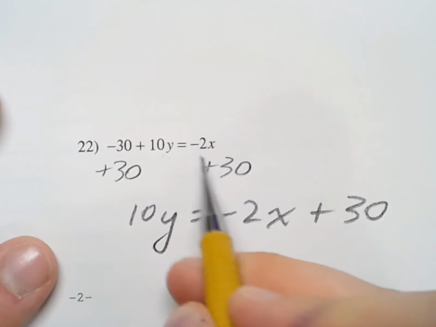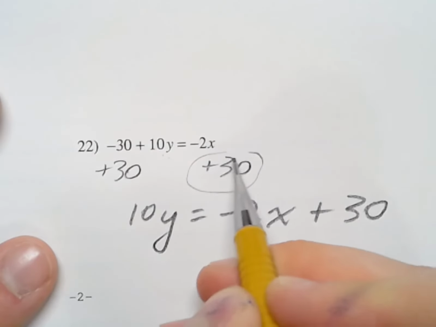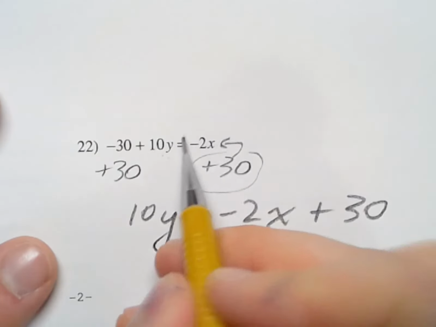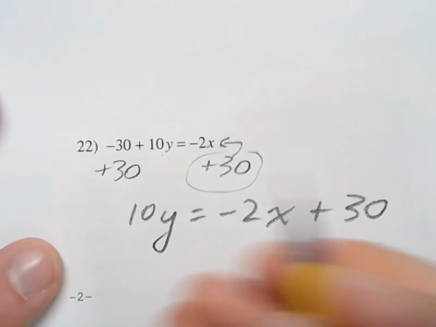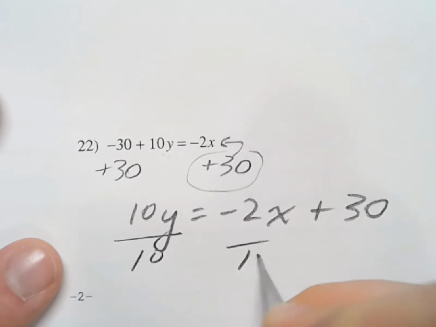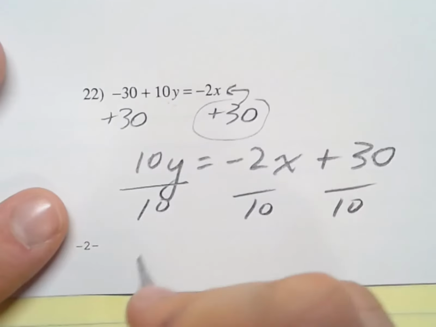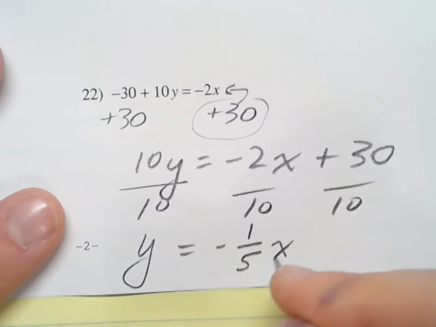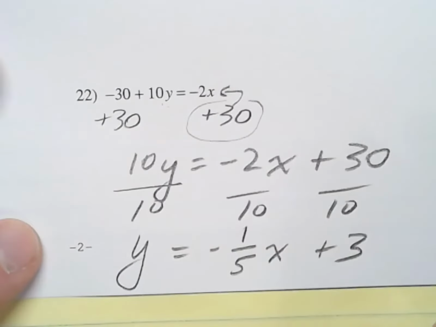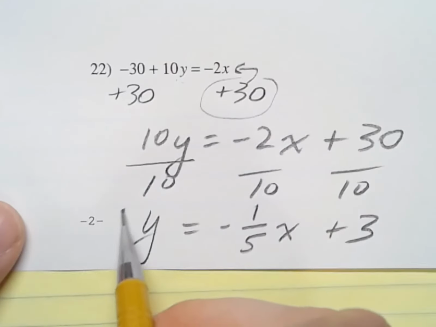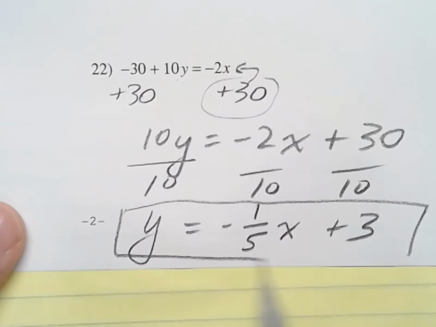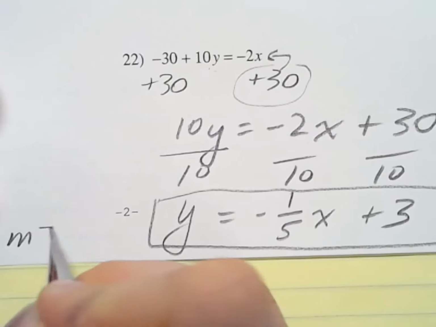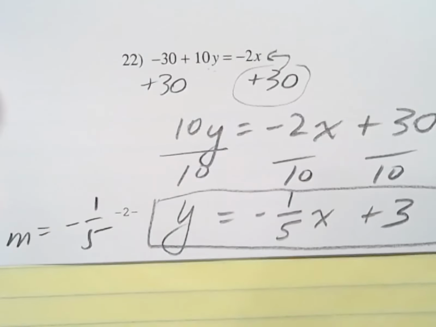And again, I just noticed I'm now putting the 30 at the end because I want the x first, and the x is already there. So if I divide by 10, divide everything by 10, I get negative 1/5 x and a plus 3. So of course m is negative 1/5.